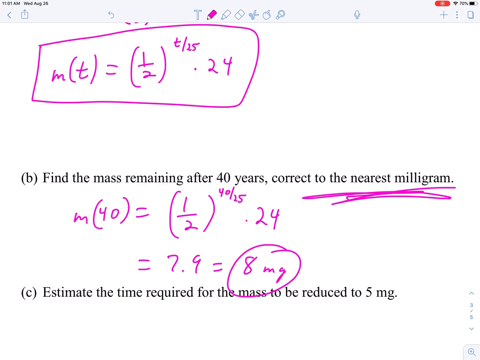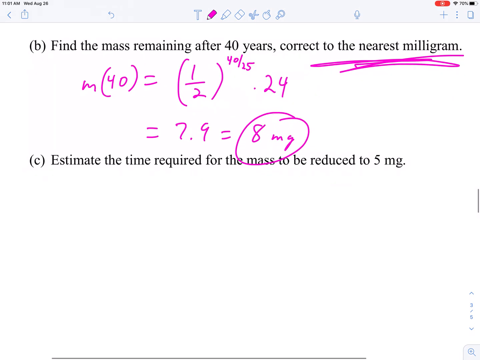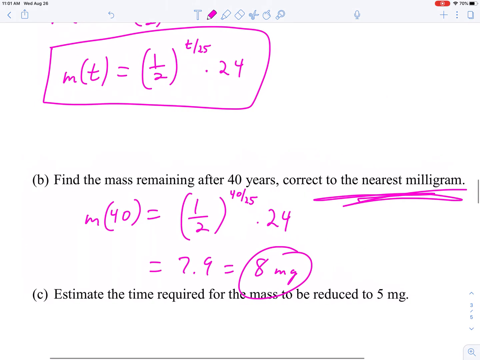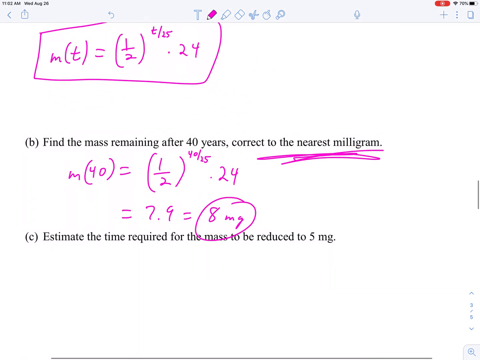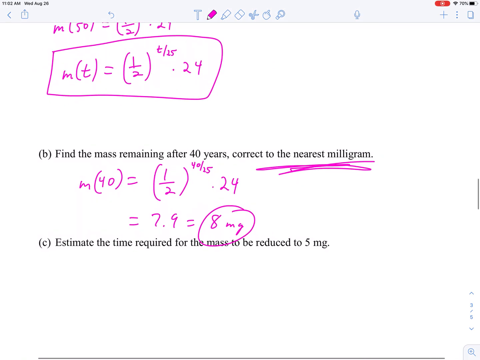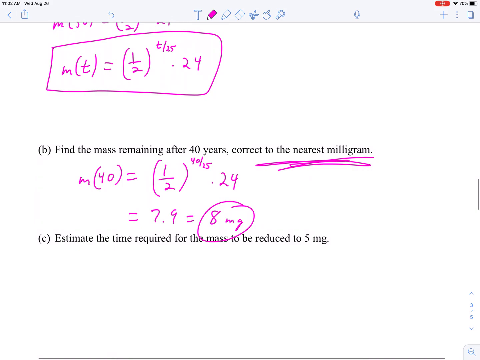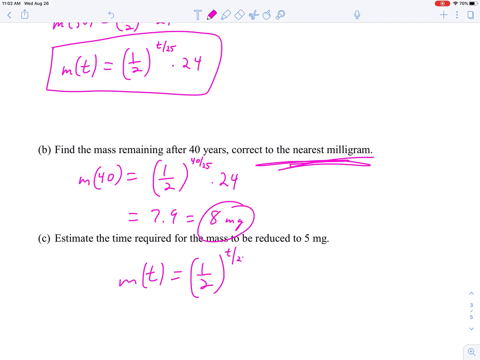Okay? Alright. Moving on, part C here. Estimate the time required for the mass to be reduced to 5 milligrams. So now we want to find t. So we're going to use that general formula up above, right? M of t equals 1/2 to the t over 25 power times 24.